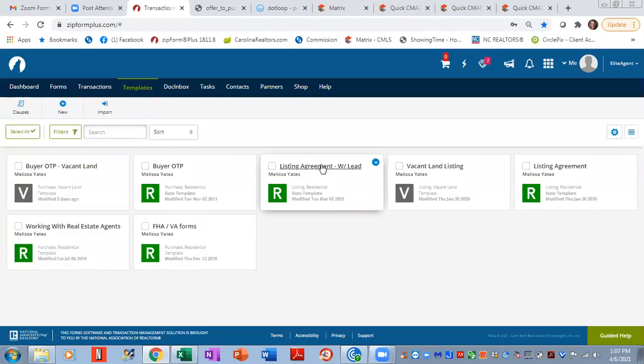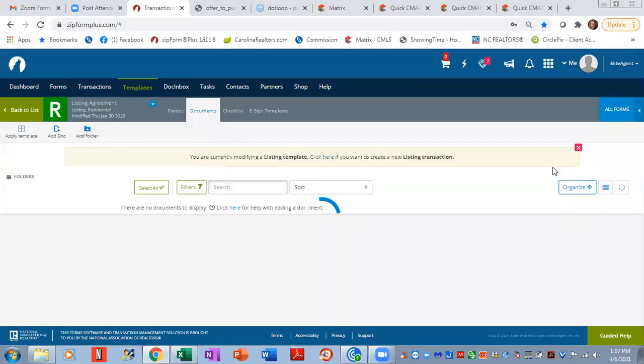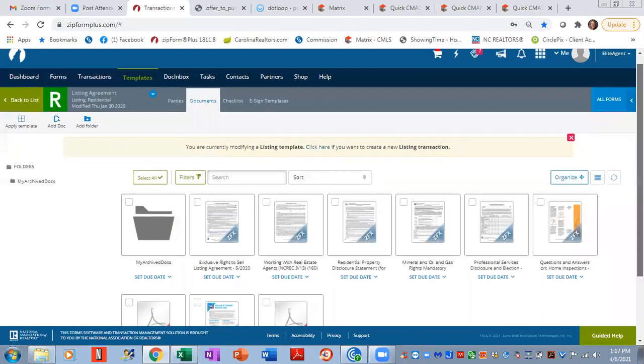We'll do a listing agreement with lead-based paint. So that means, well, we'll do one without lead-based. It's just one additional form that's different.